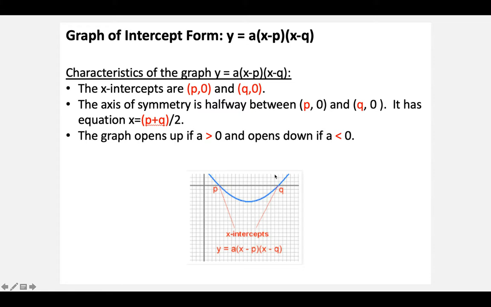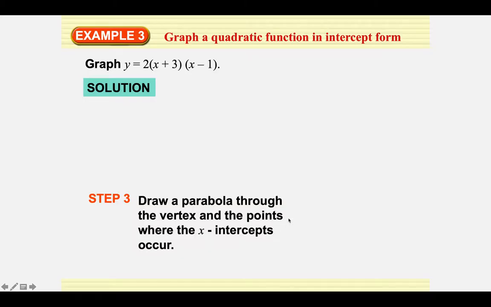It has the equation x equals p plus q over 2. So that also means that the x value of your vertex is equal to p plus q over 2. That's going to give you the same thing as you would get if you did negative b over 2a in standard form. A, as always, tells you whether it opens up or opens down. If A is greater than 0, it opens up. If A is less than 0, it opens down.